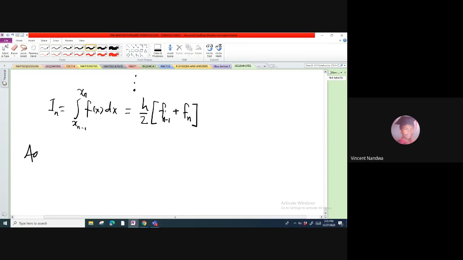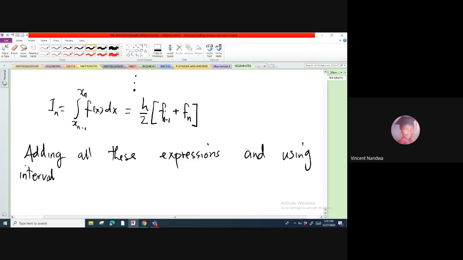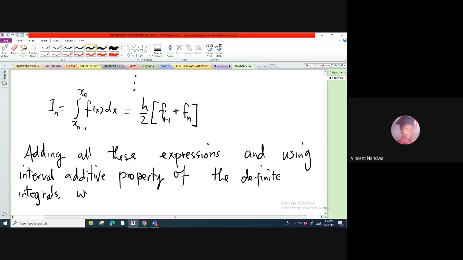Adding all these expressions and using interval additivity, we obtain this.